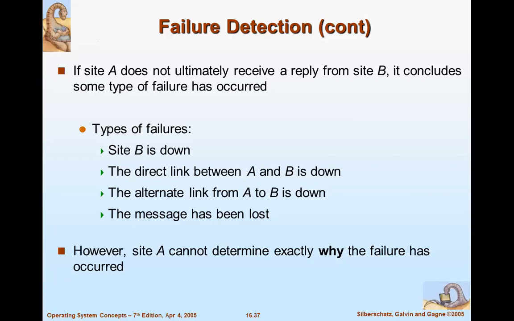So there are different possibilities, and you decide based on them why you didn't receive the response back from that site. It can be site failure, link failure, or loss of the message because of a collision with someone on the link. However, site A cannot determine exactly why the failure has occurred.